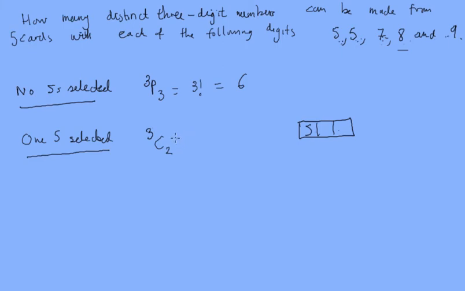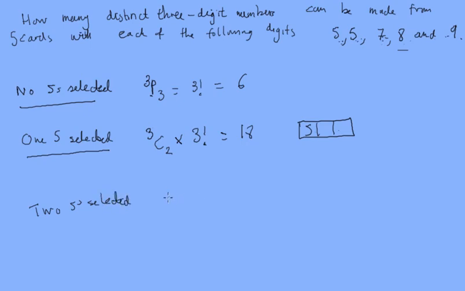And then we're multiplying this by the 3 factorial because we'll have 3 different numbers and, again, it's a permutation. There's only 1 5, so we have 3 factorial ways of arranging those 3 numbers, and that gives us 18.